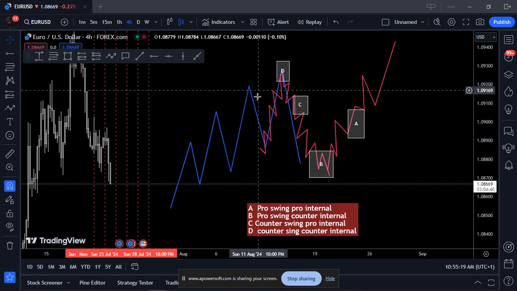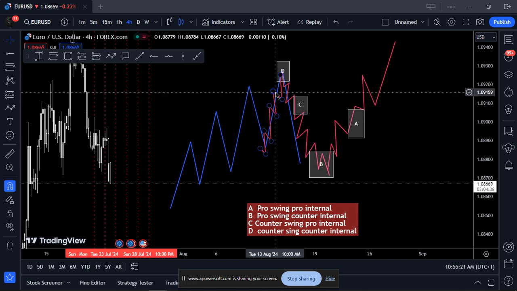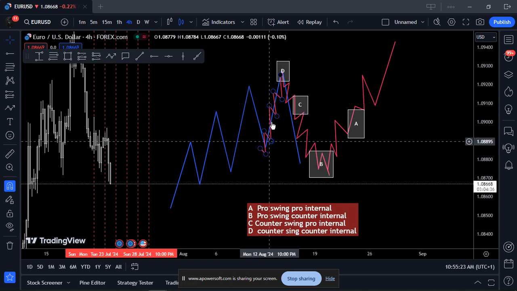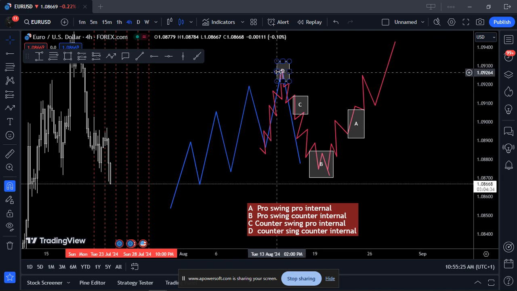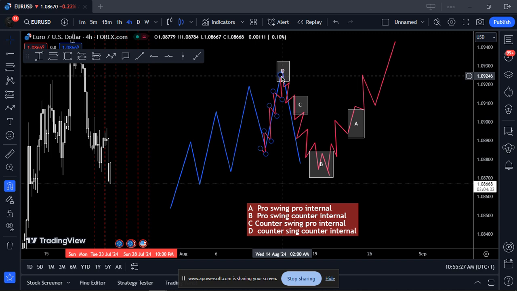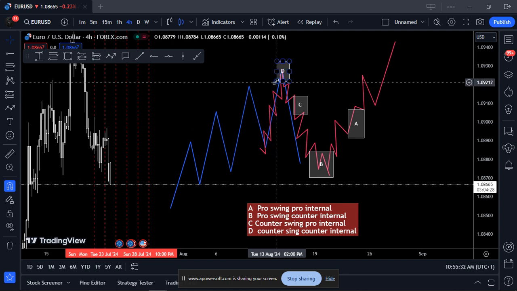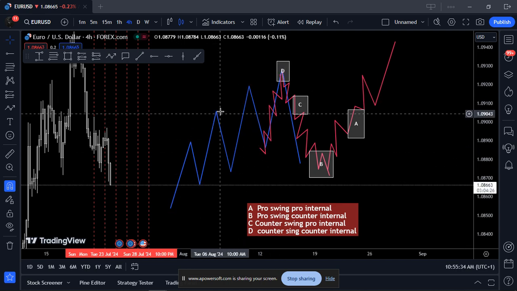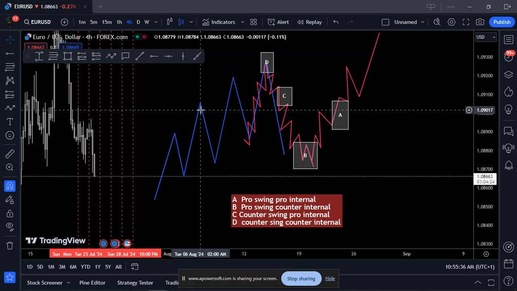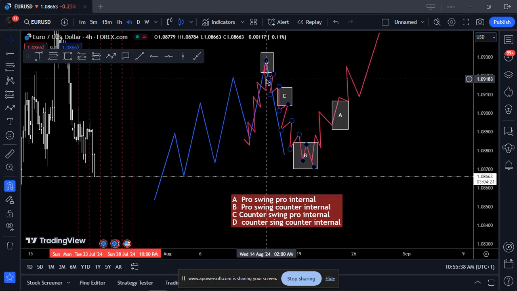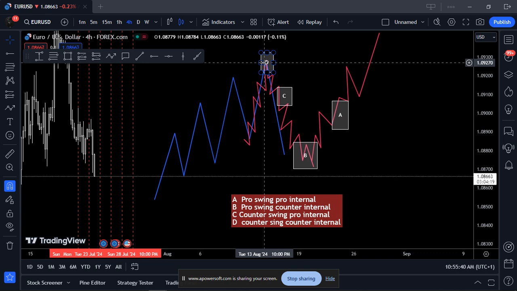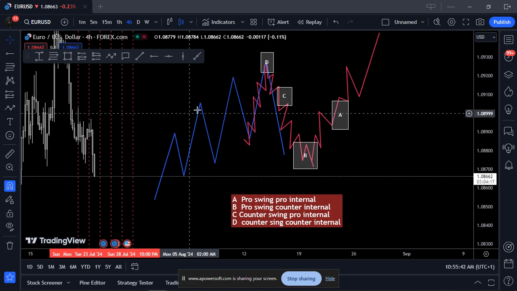So what D is doing, D is going against this as this is the trend that exists before D. So when you are trading here, you are shorting, going against both your internal time frame and your swing time frame.